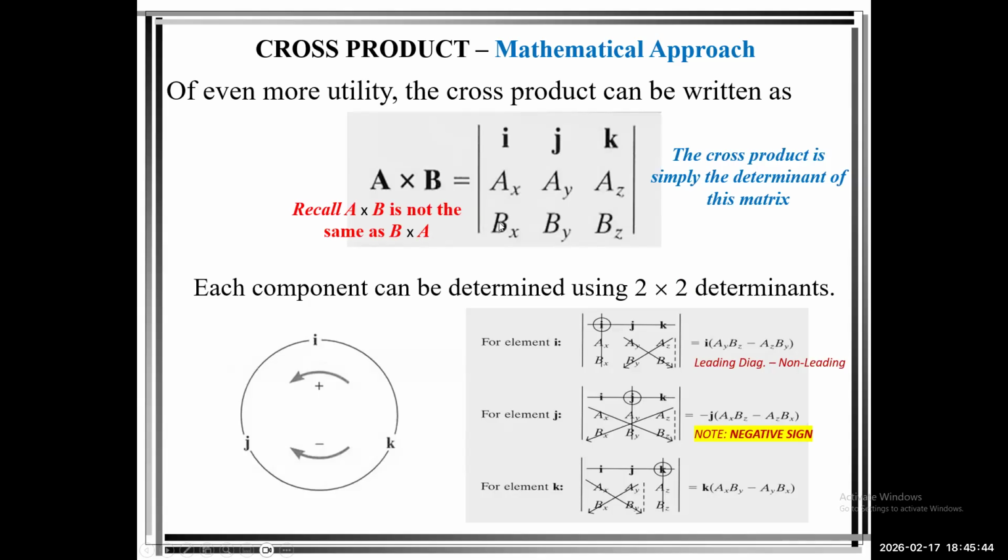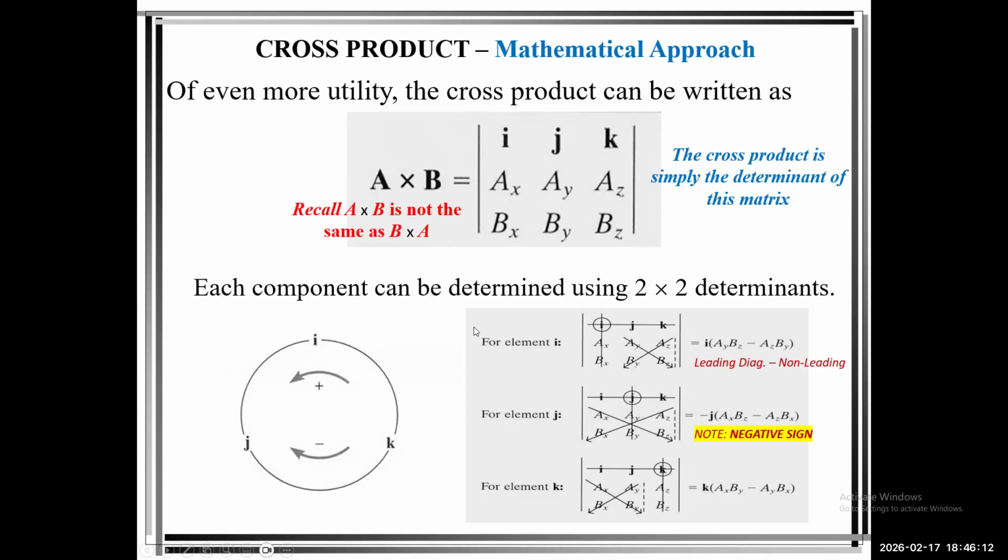And B is always written down the bottom. So the cross product is simply the determinant of the matrix. So in order to do the cross product, you will be doing what we call the determinant. And we'll be using the 2x2 determinant method here, right? There are some parallels with the 2D matrix that you learned before. Something a little bit similar, but we're going to take you through it now.